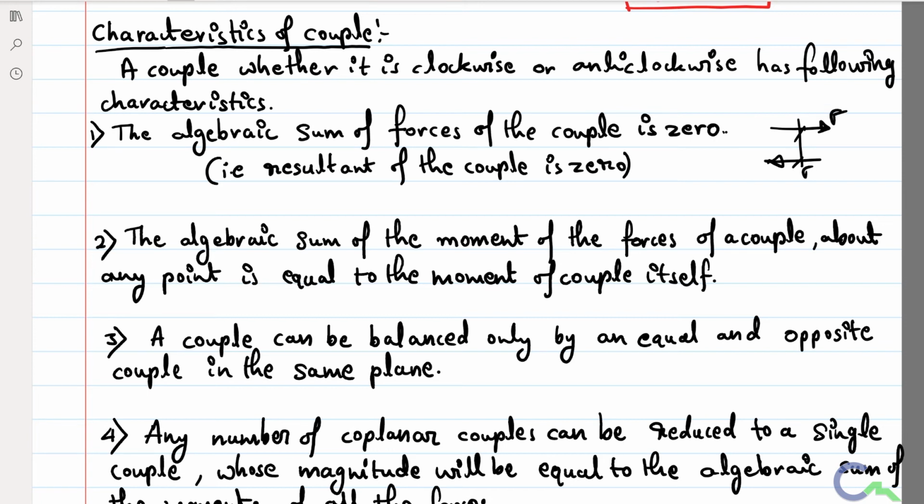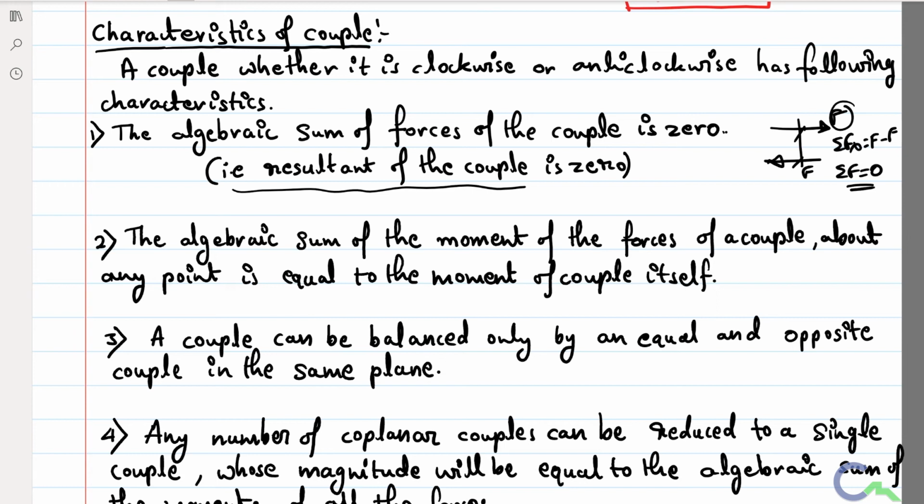If I do the summation of these two forces, sigma Fx is equal to 0, because one is acting in the positive direction and one in the negative direction. The algebraic sum of forces of the couple is 0, that is nothing but the resultant of the couple is 0. So that is the first characteristic.